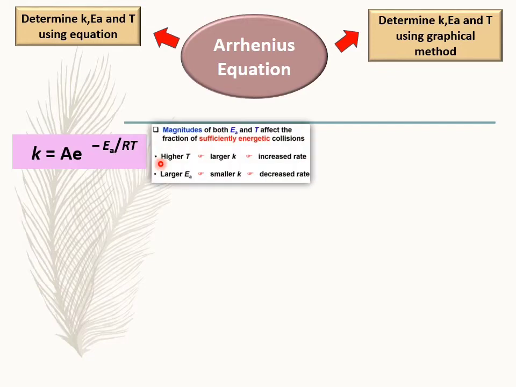Okay, so we look at the relationship between T, k and activation energy. Okay class, if the temperature higher, the rate constant become larger and it will increase the rate of reaction.